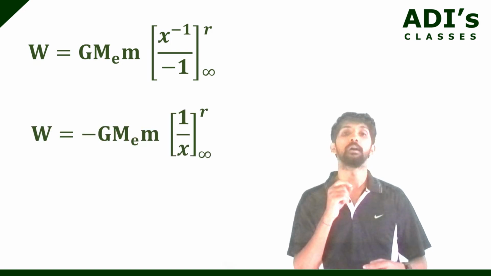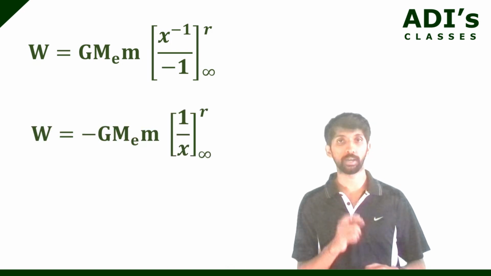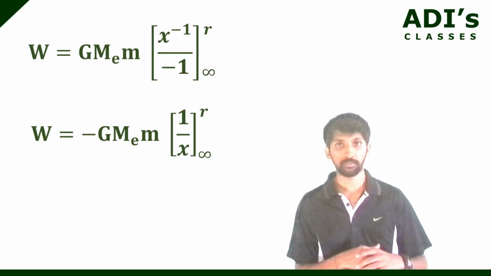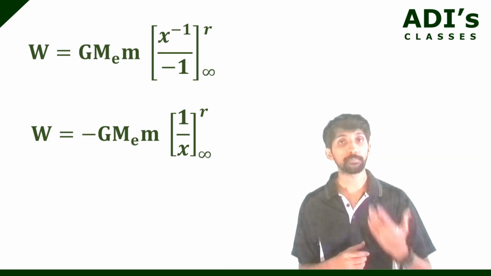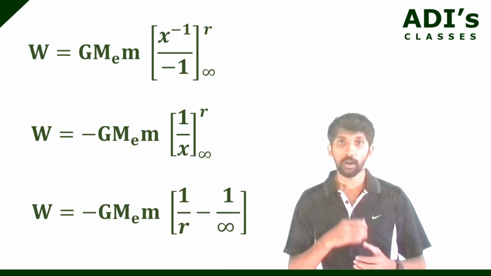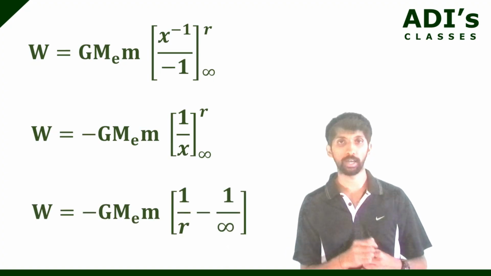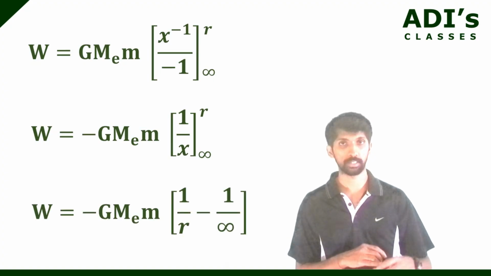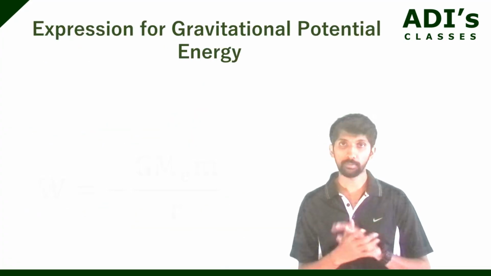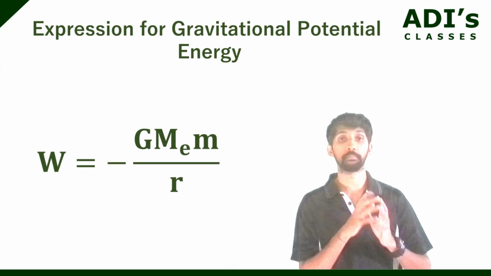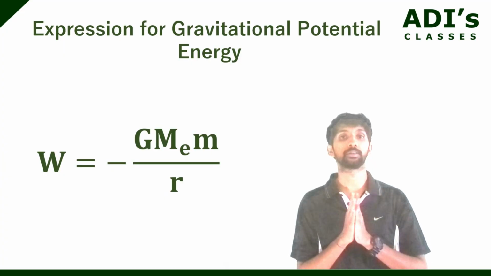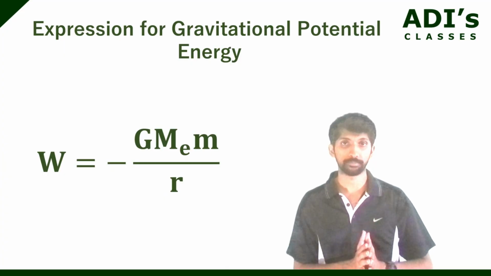So we get minus G Me m times 1 by x from r to infinity. Now we substitute: minus G Me m times (1 by r minus 1 by infinity). 1 by infinity becomes 0, so the work done is minus G Me m divided by r.